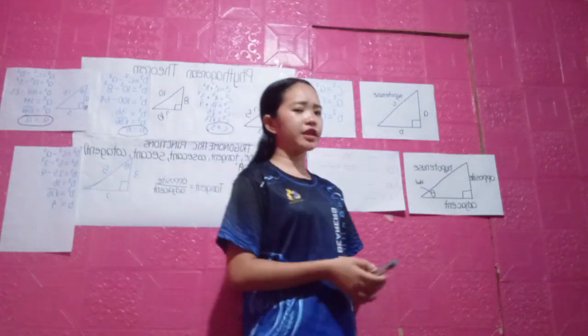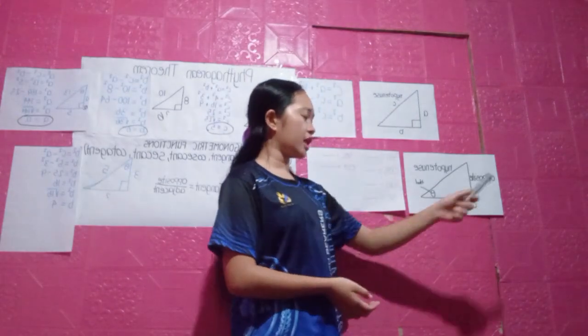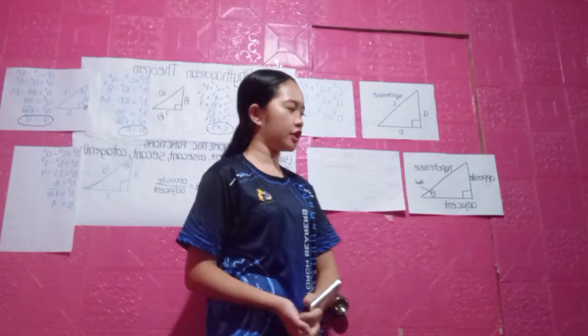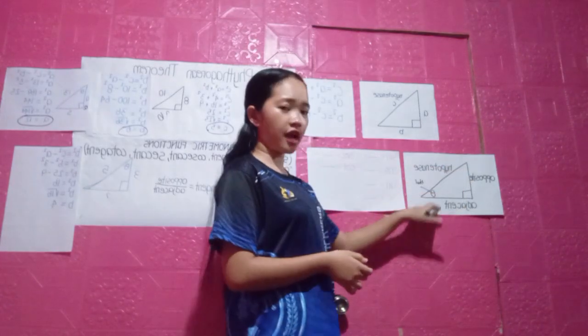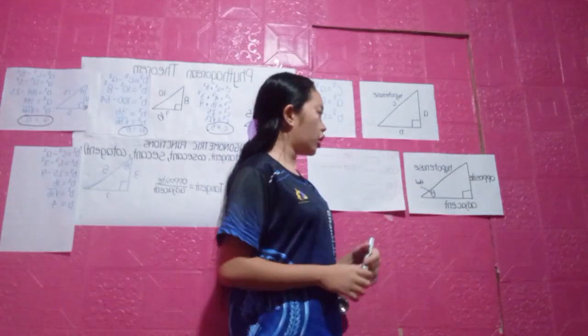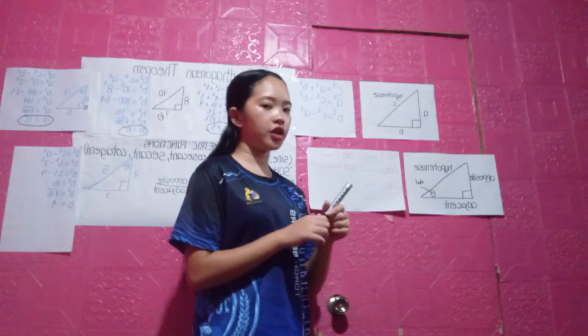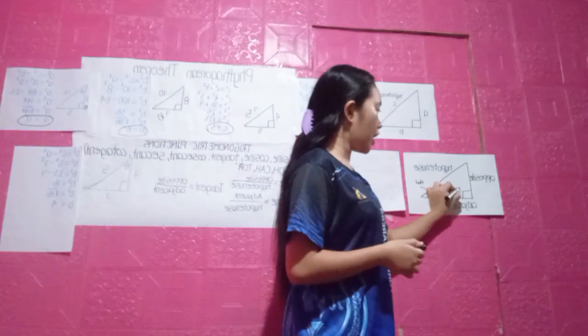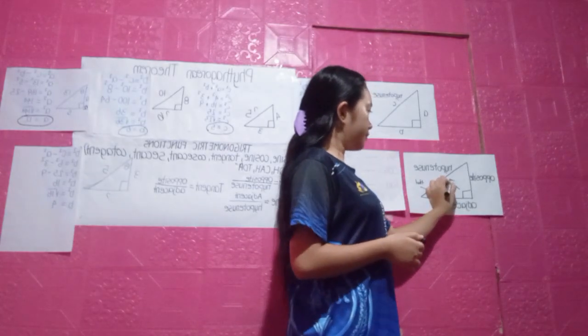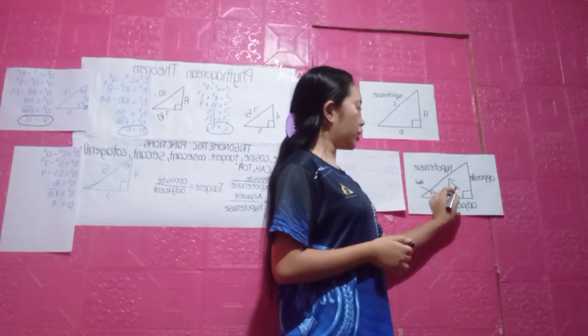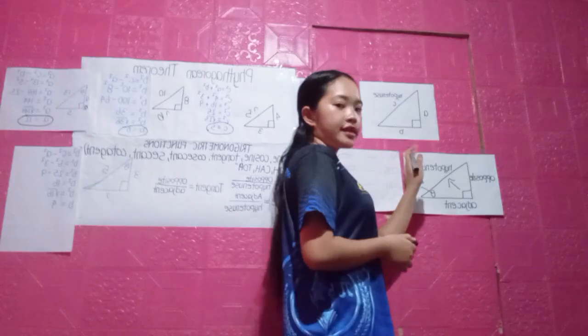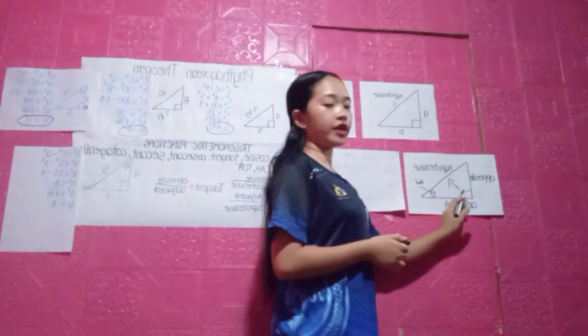So how do we determine if a side is opposite, adjacent, or hypotenuse? So, this is the triangle. We can determine that this is the hypotenuse if this is the right angle and the hypotenuse is facing the right angle, as you can see.